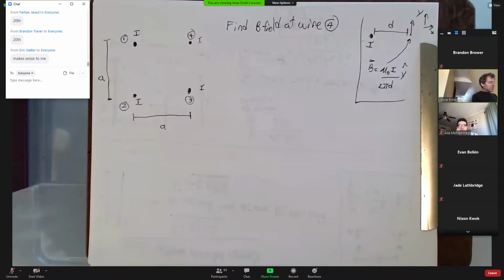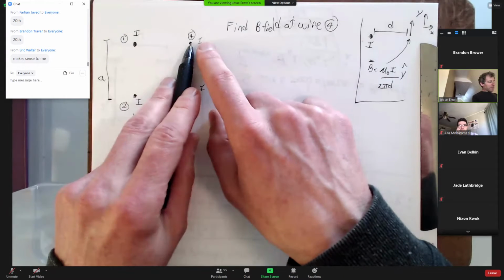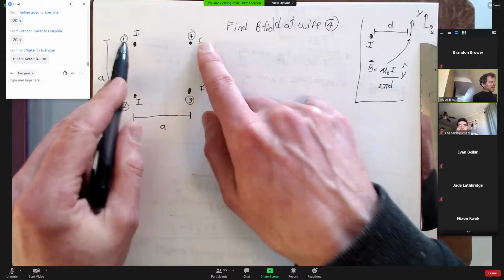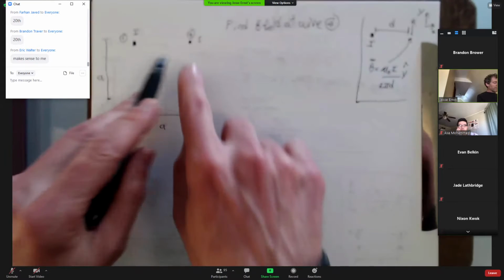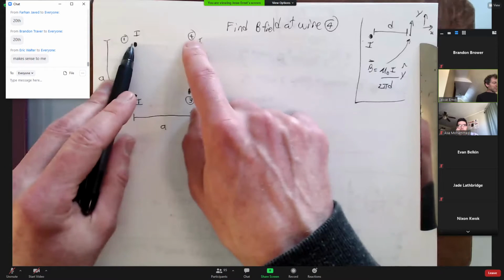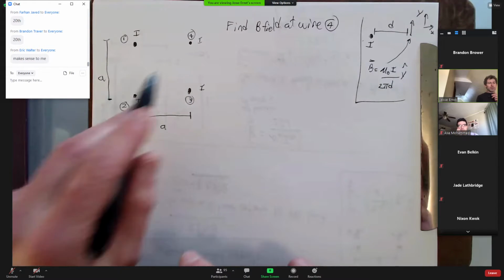So this is basically the same problem, except you're going to have to do this 3 times, and you're going to get a vector from each one. And then you'll have to add the vectors to find the total B field at that wire.